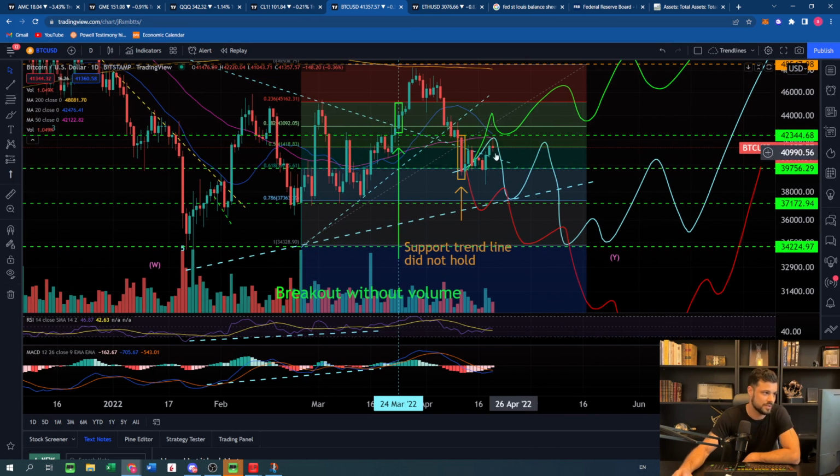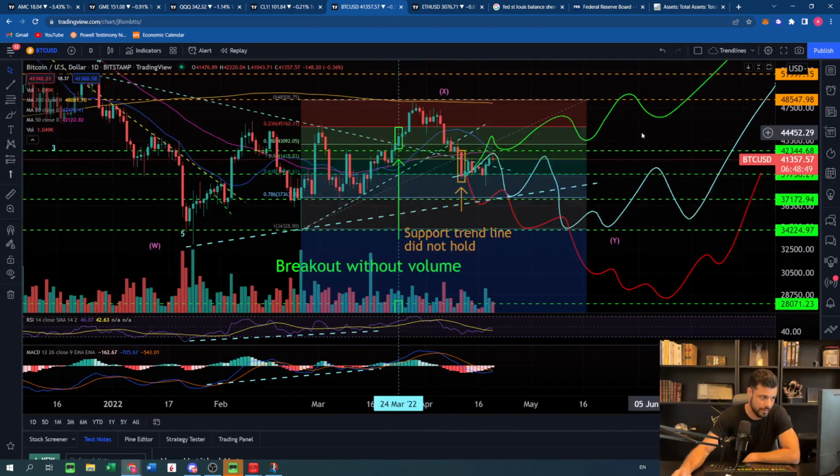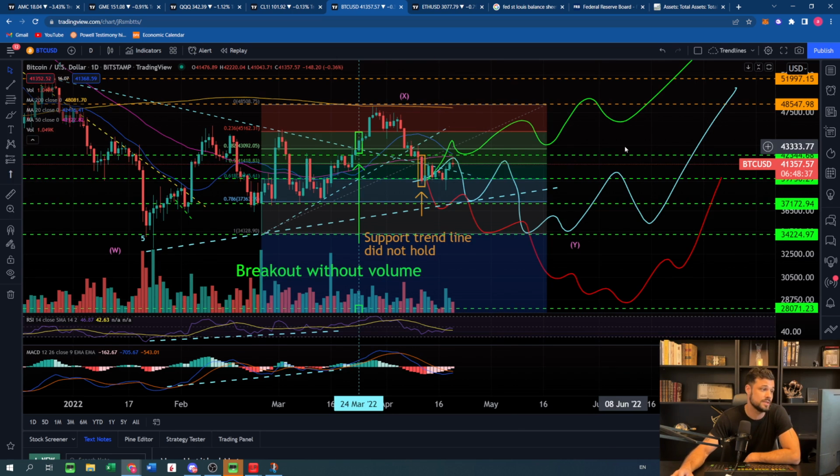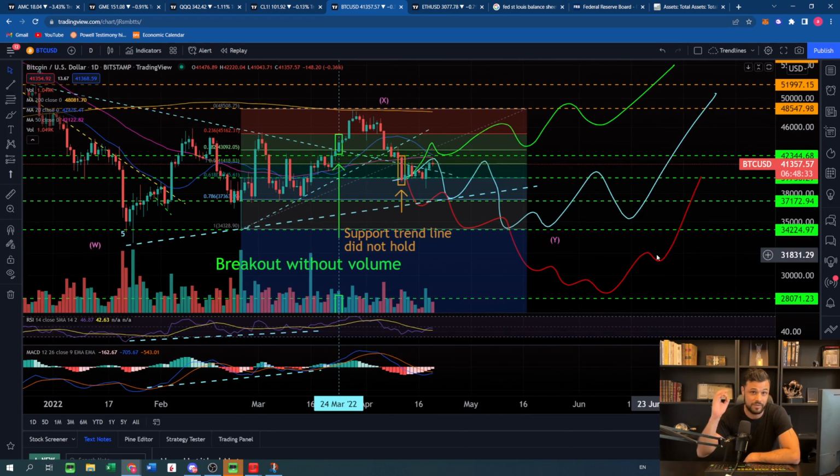So it's still possible that we are going to follow the green scenario. I give you a 20% chance, guys. Not big, 25 maybe. It's also the same probability I give to QQQ going to new highs and to AMC squeezing right now, guys. 25% roughly. It's not big, but if it happens, the reward is so big that it's a good trade in expectation.